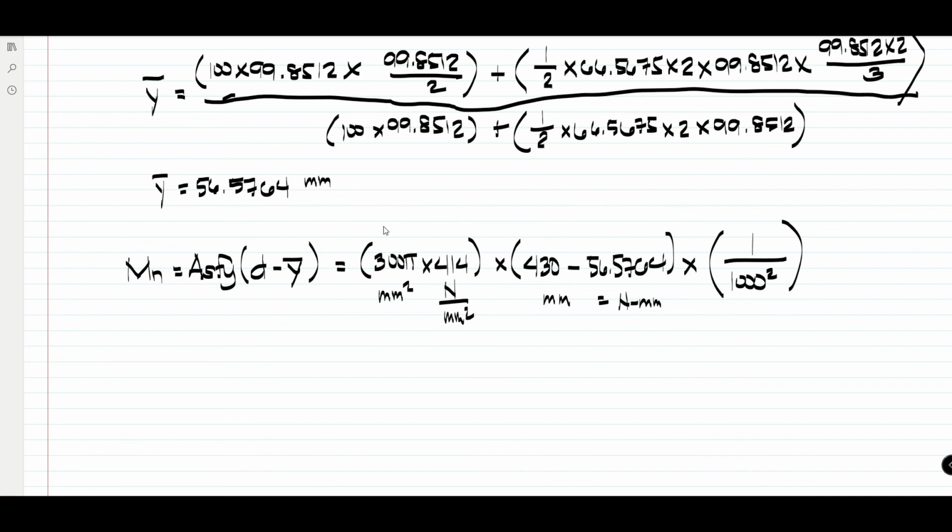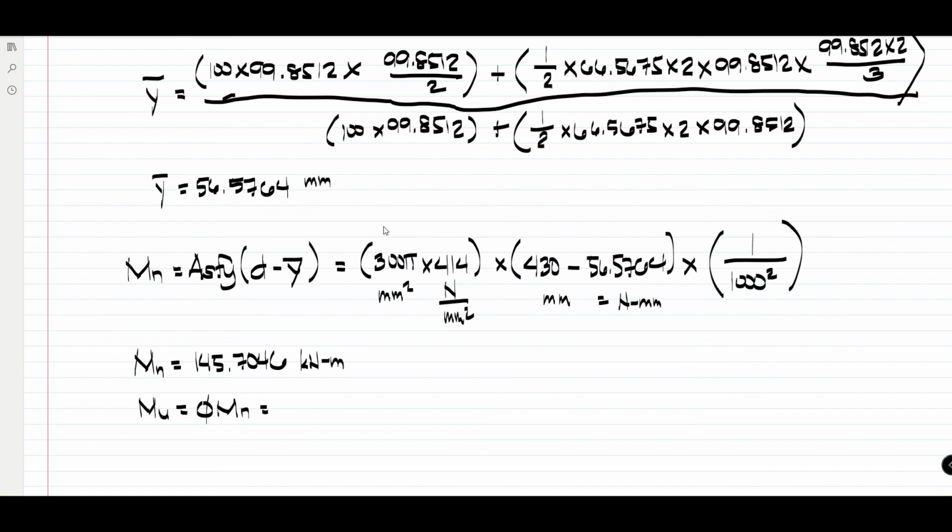So, calculating yung value na ilalabas ng calculator natin, we can have a nominal moment equivalent to 145.7046. So, this is in kilonewton meter. So, nominal moment capacity pa lang to, hindi pa siya yung ultimate. So, we just have to multiply this one to the reduction factor. So, we have here Mu is equal to the reduction factor multiplied by Mn.